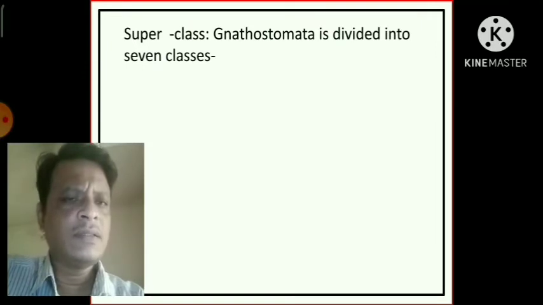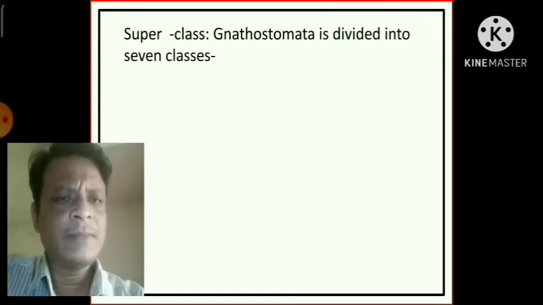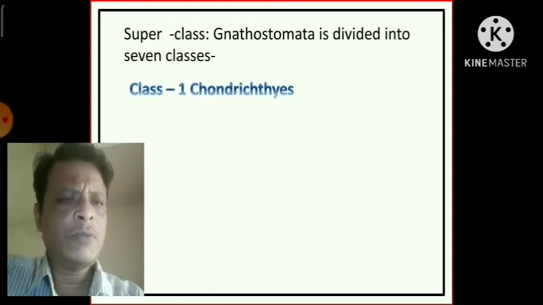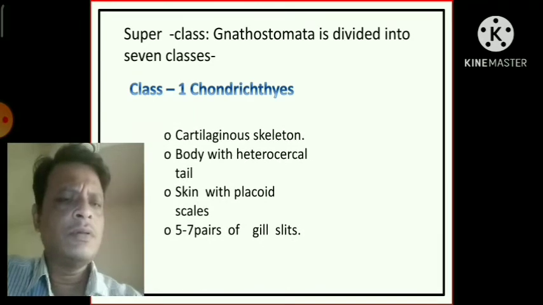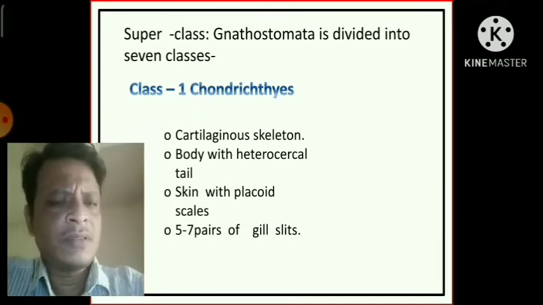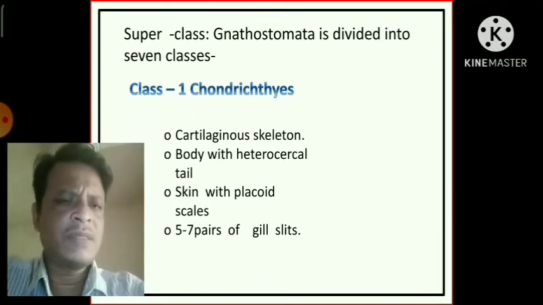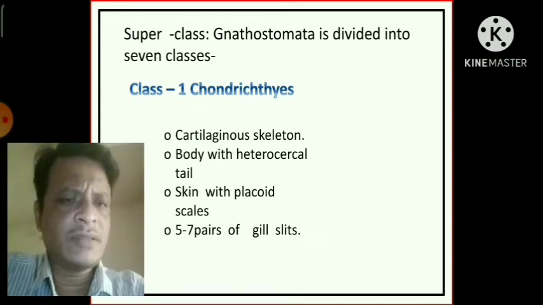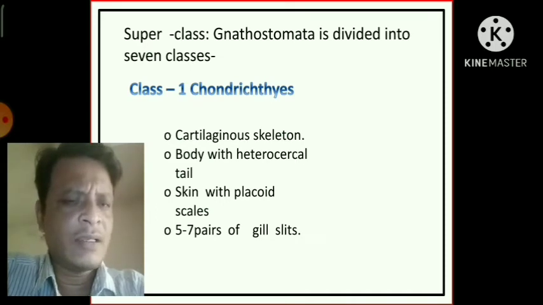The superclass Gnathostomata is again divided into 7 classes. Number 1, the Chondrichthyes. Now I am discussing some of the important characteristic features of the class Chondrichthyes. Chondrichthyes have a cartilaginous skeleton, with a heterocercal tail.